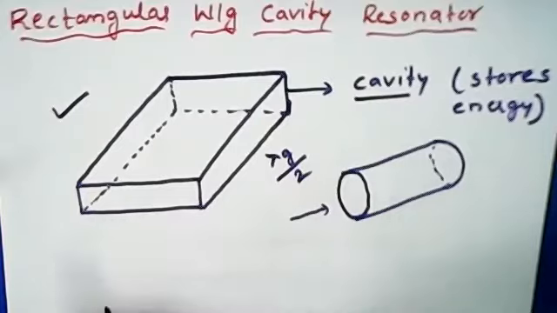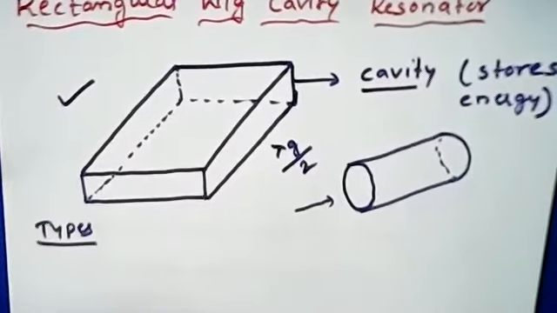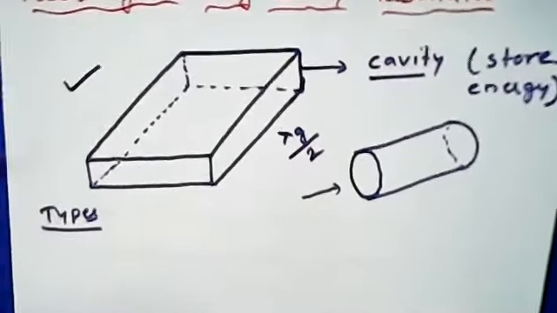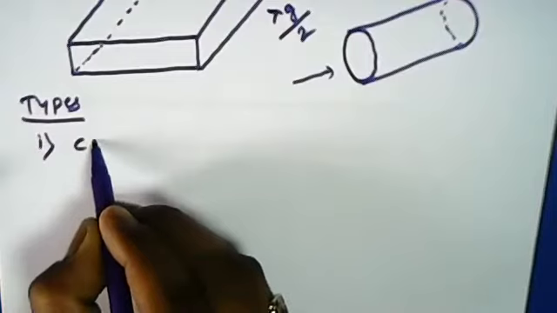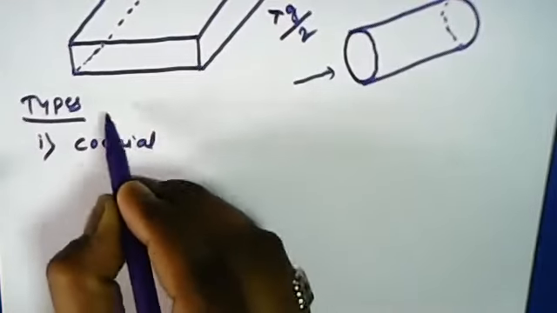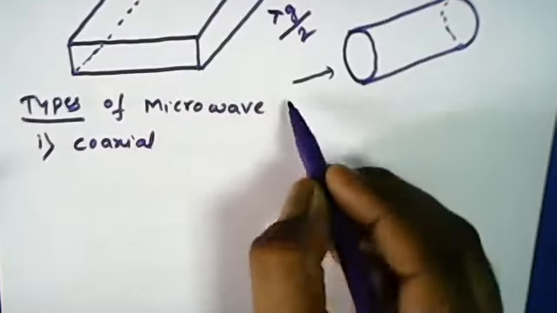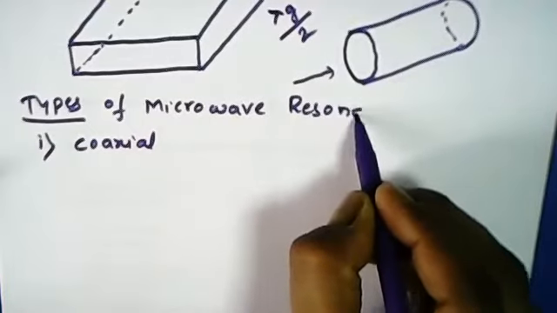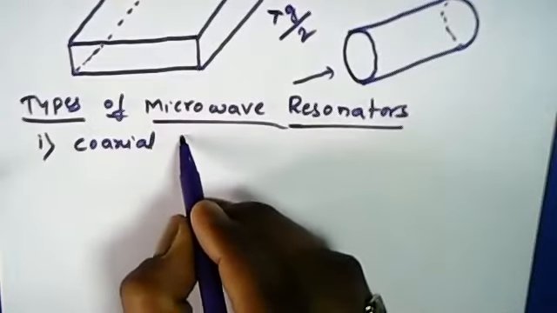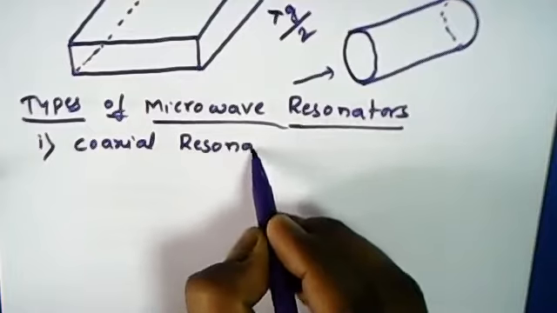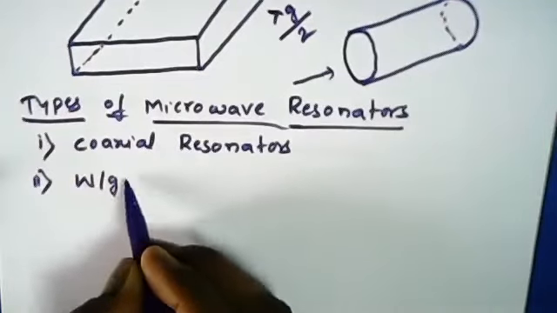There are normally two types of microwave resonators. The first one is coaxial resonators, and the second one is waveguide resonators.